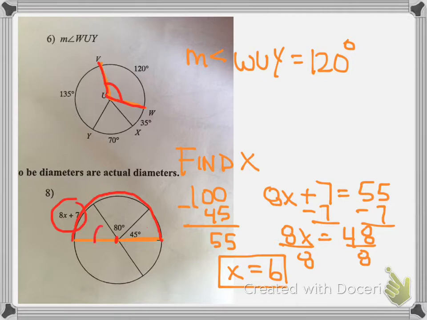So I know this angle right here has to equal 55. Because all three of these angles have to equal 180. So then I did the algebra. 8x plus 7 equals 55. Subtract 7, get 48, divide by 8, gets x equals 6. Okay, moving on.